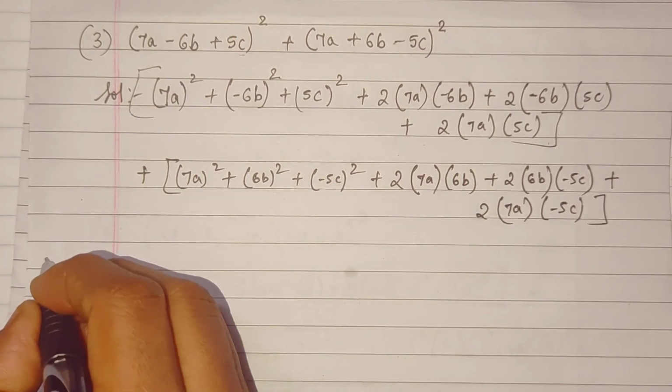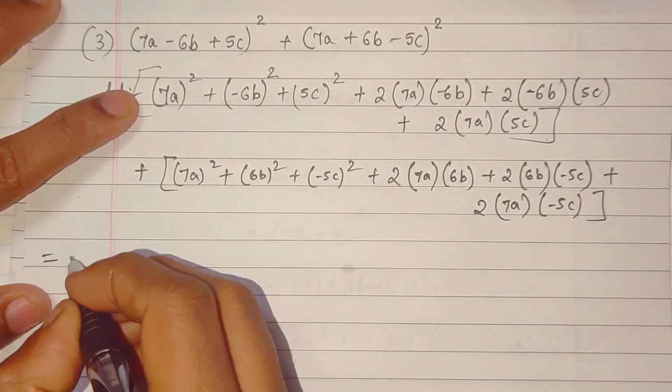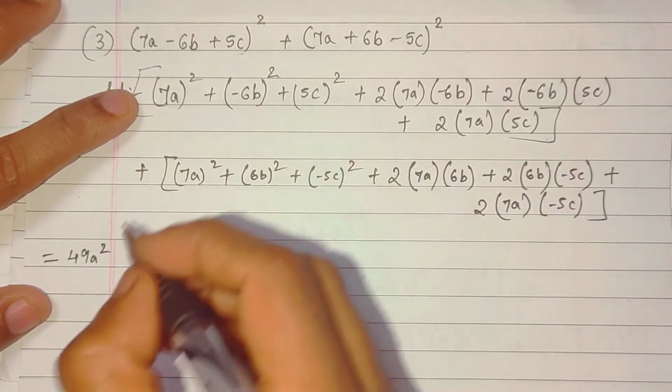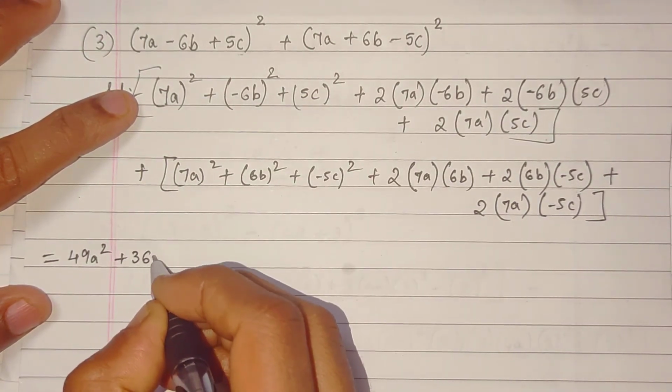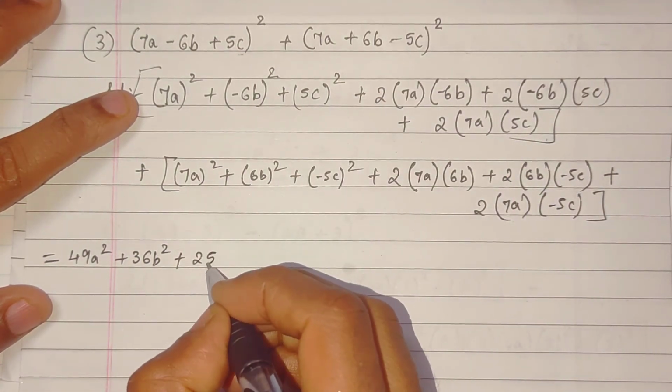So now we have to solve this. 7 7s are 49 a square, 6 6s are 36, plus 36 b square, 5 5s are 25 c square.